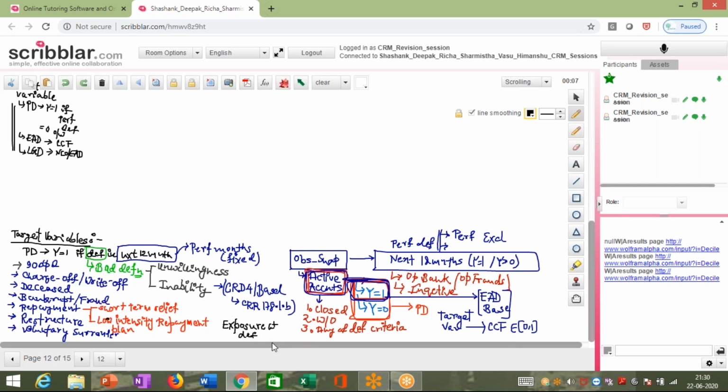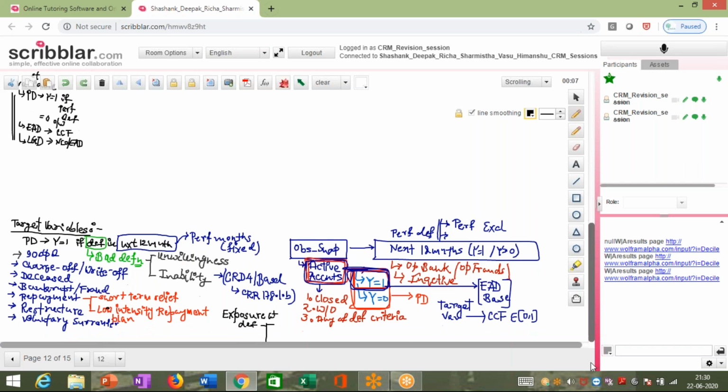Now, this product for which we are developing the EAD model is the QRRE product, or qualifying revolving retail exposure.